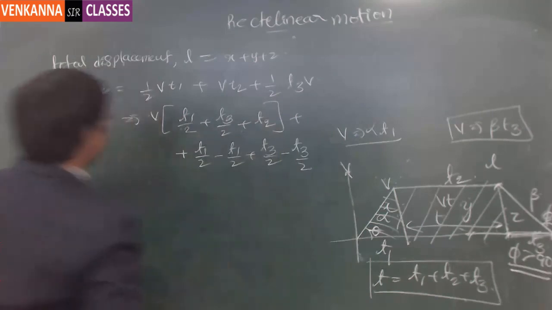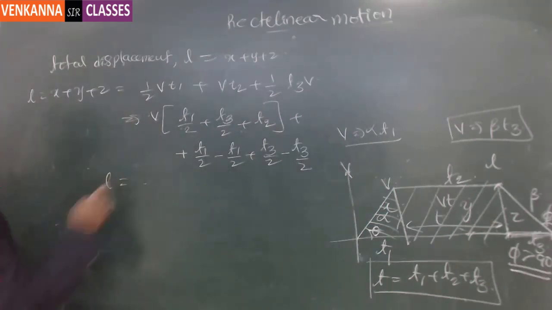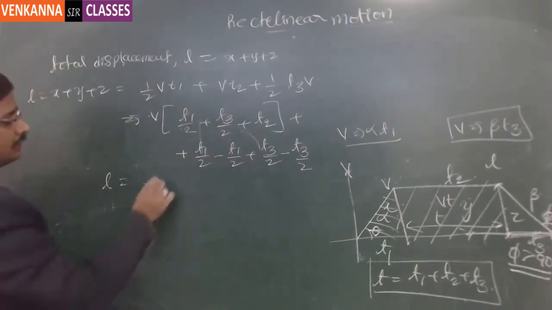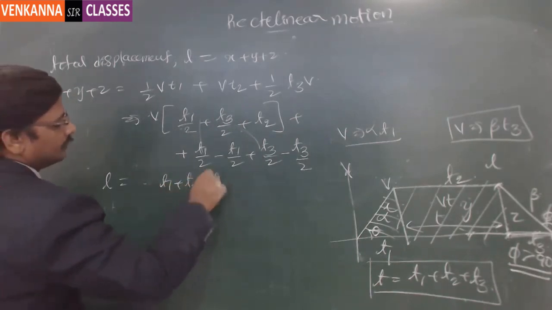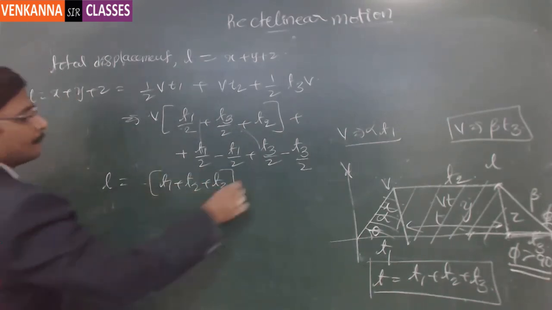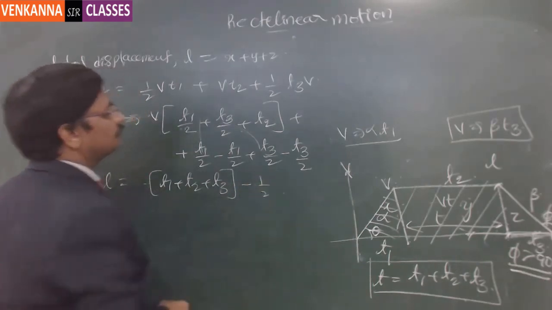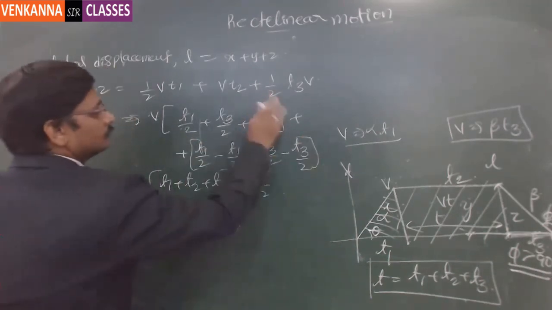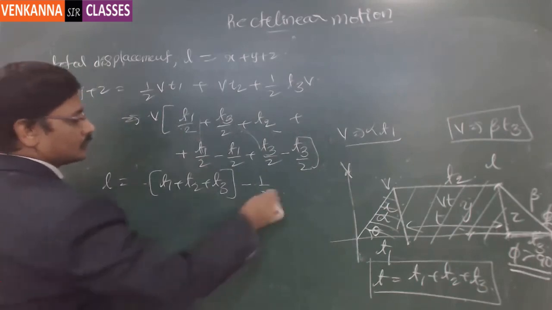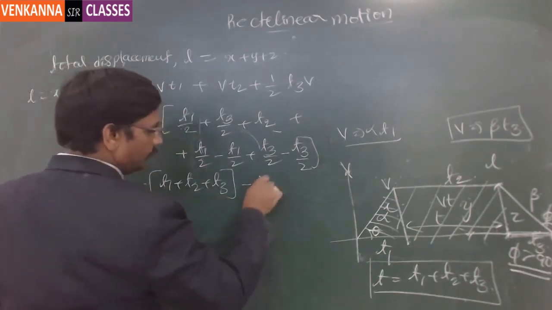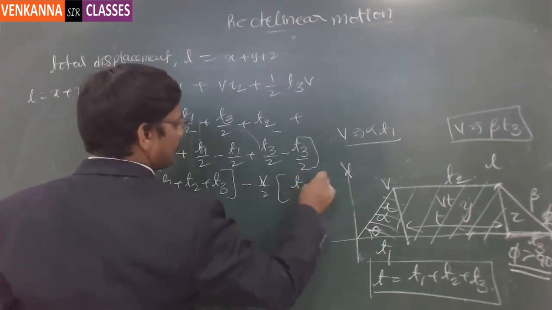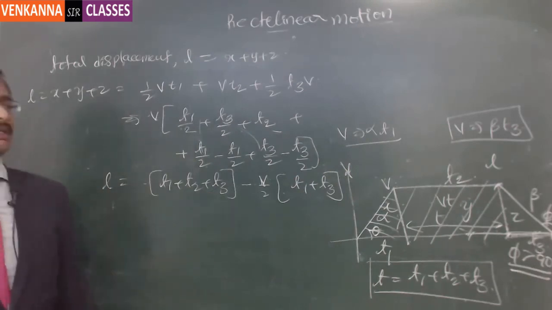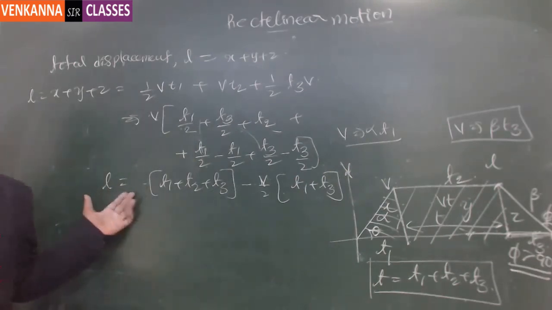Now this L is equal to, if you add these two, t1 plus t2 plus t3 is the total time, minus half of v times of t1 plus t3. So this is t1 plus t2 plus t3. Got it? So this is the total length value.